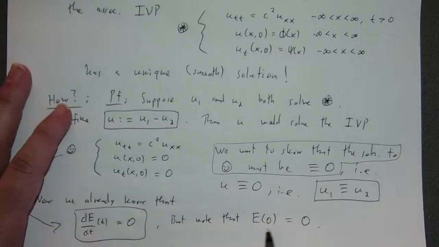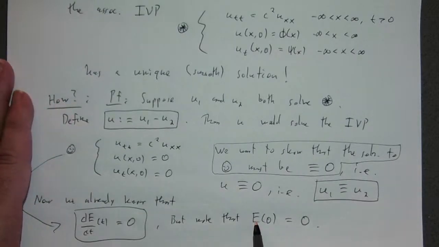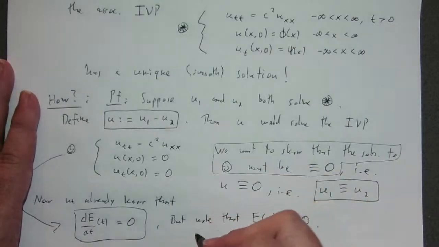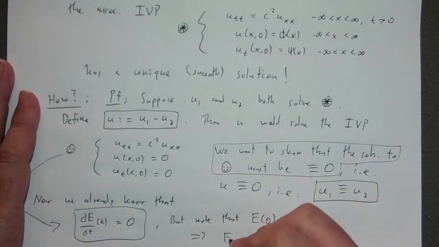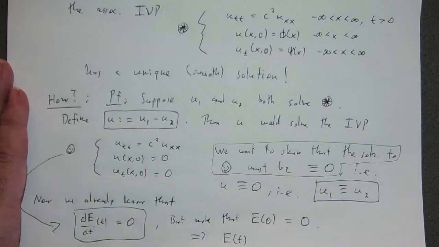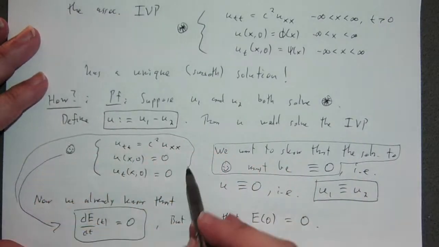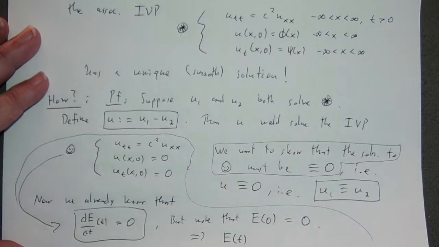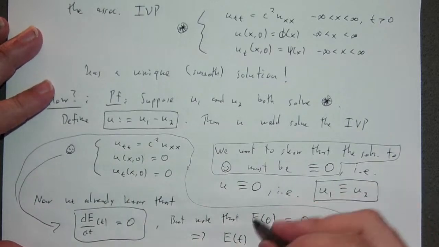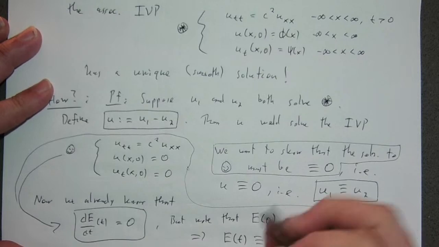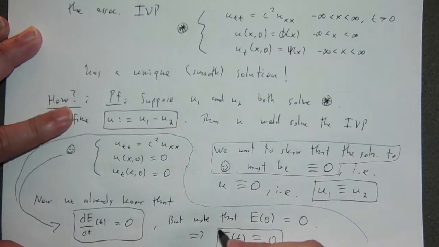So I have an energy that is 0 at 0, but this computation of its derivative tells me that it's constant. Thus, this means that the energy, again, we're doing the energy for this IVP, that's the whole idea. So for this one, the energy is identically 0 for all t. It's always 0.